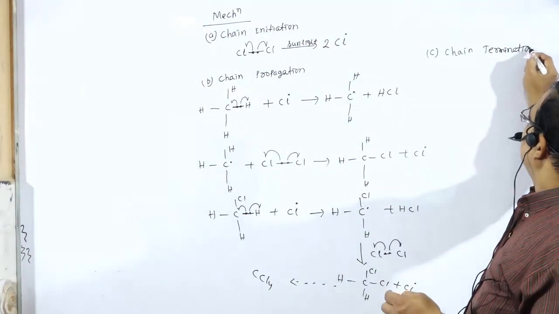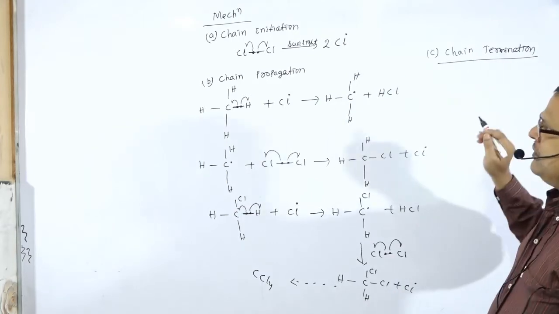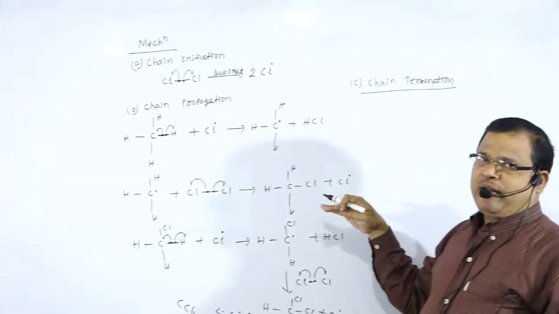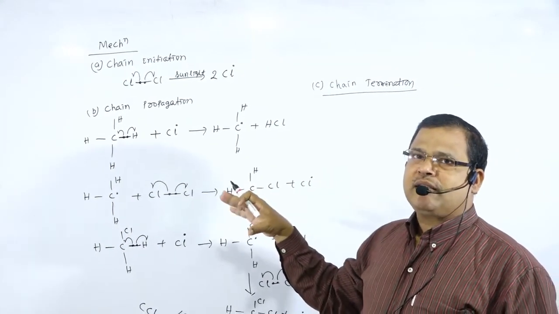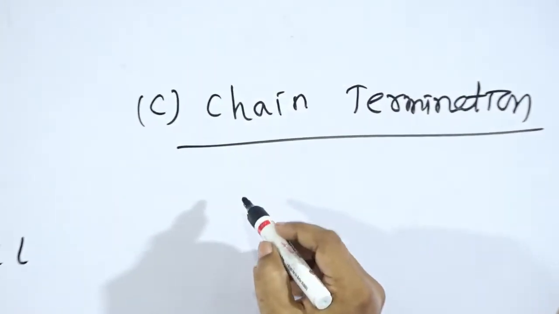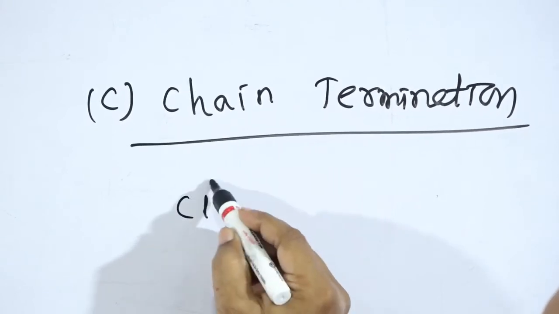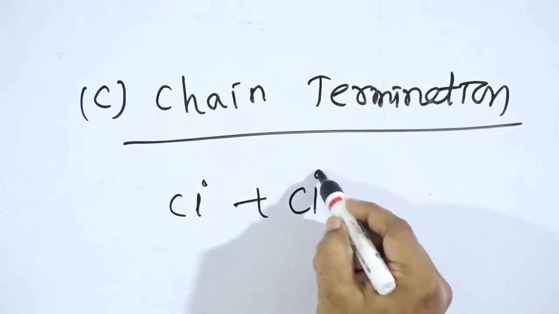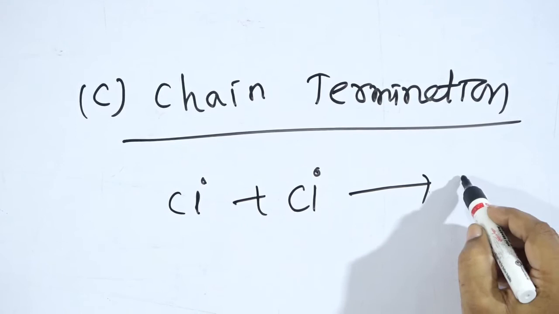Chain termination means the reaction stops. The residual parts which have been obtained, the remaining parts, will combine to form different products, side products. For example, Cl dot and Cl dot remaining combine to form Cl2.